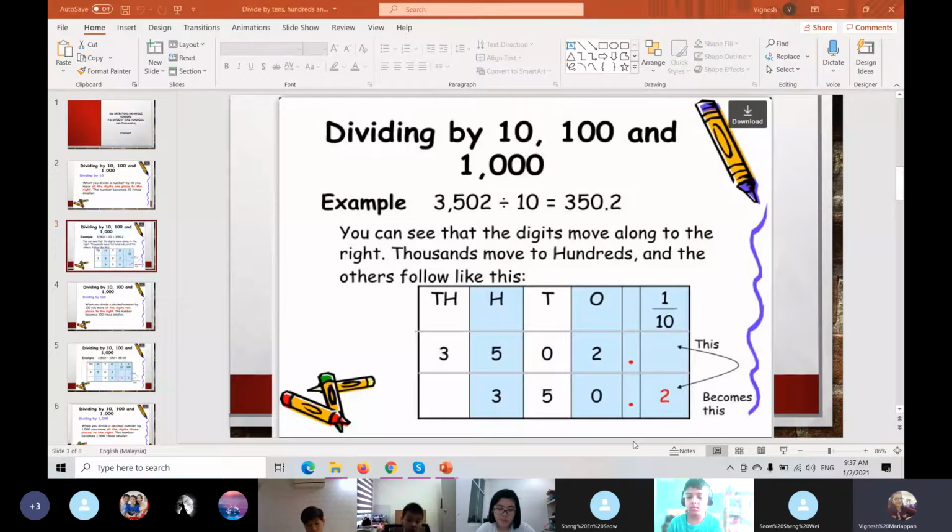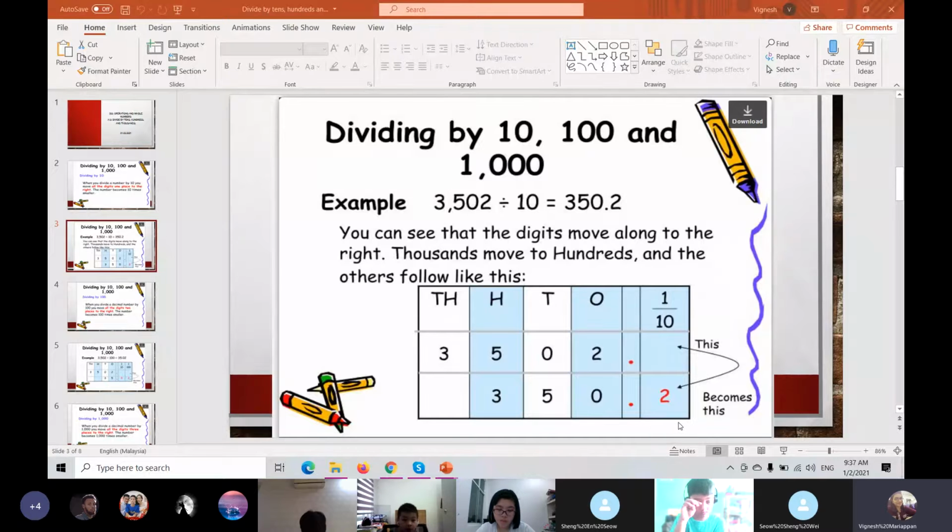Who can tell teacher? What is the number after the decimal?